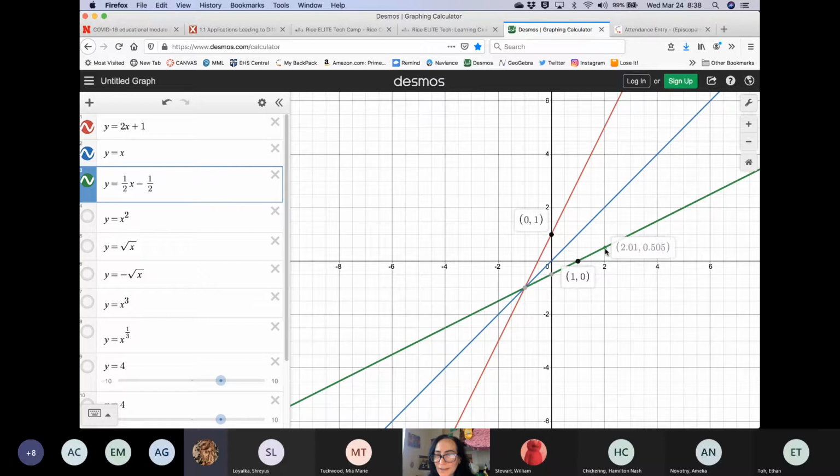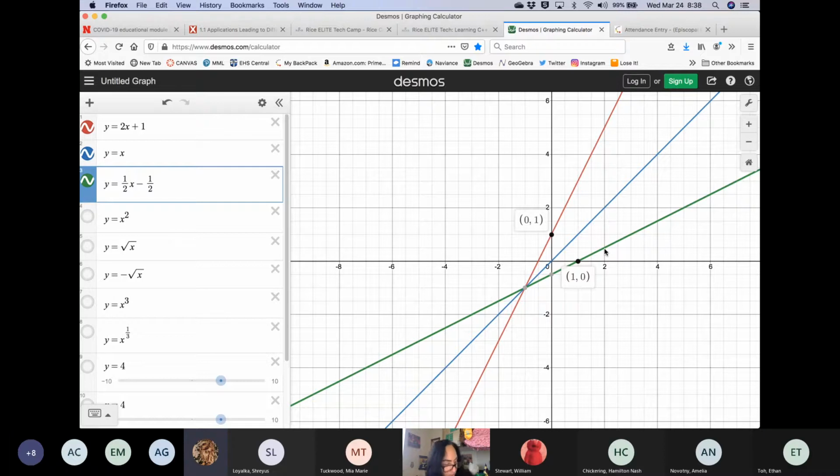Slowly but surely there, it's there. Okay, so that was what you were supposed to recognize, that the x values in the original function become the y values in the image function, the reflection across y equal x. And this relationship occurs when you are reflecting across y equal x. So you should have been able for number 8 to notice that the x-intercept is related to the y-intercept of the reflected function by interchanging the x and the y values.